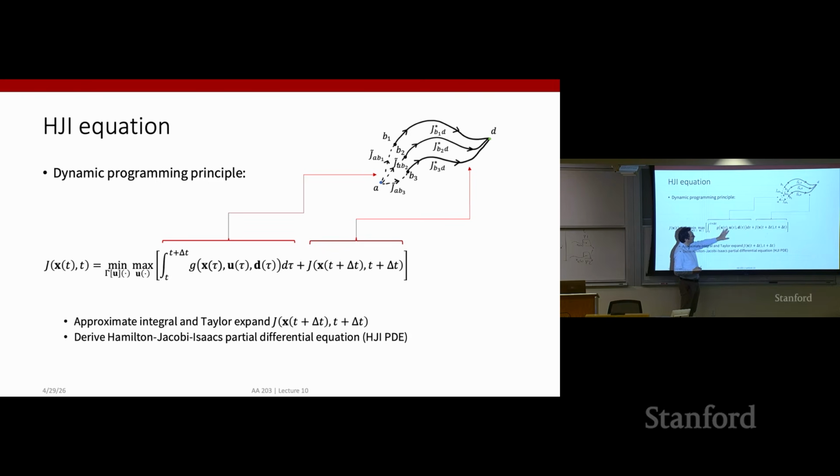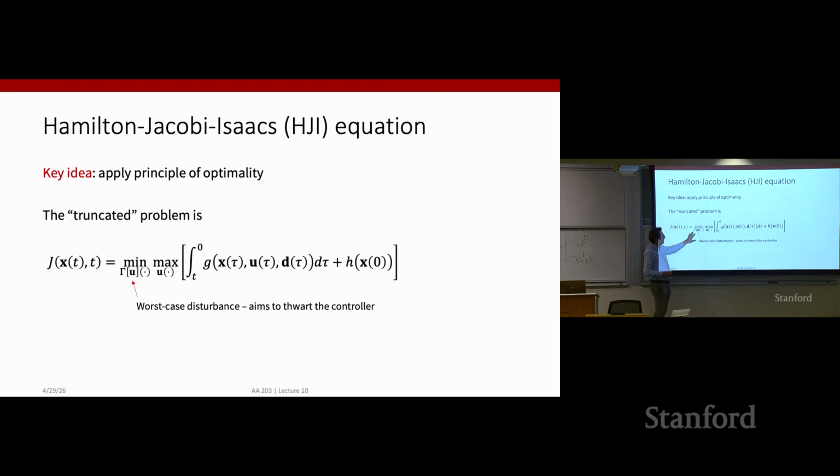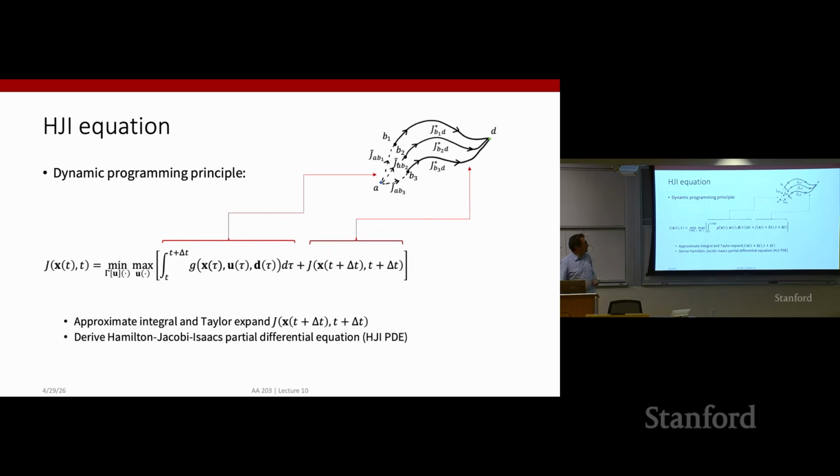I'm not doing anything new. I'm really applying the principle of optimality in the same shape and form that we discussed a few lectures ago. So the original formulation, where h of x as usual is the terminal cost, can be rewritten as the cost whereby I concatenate optimal tails with, in a way, a one-step transition. View this integral between t and t plus delta t as a very short transition into the new time.